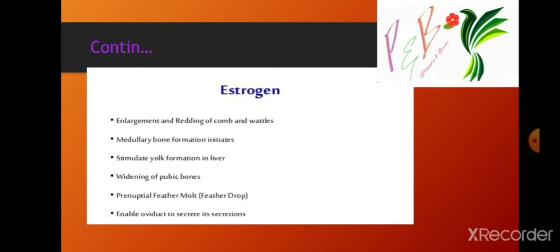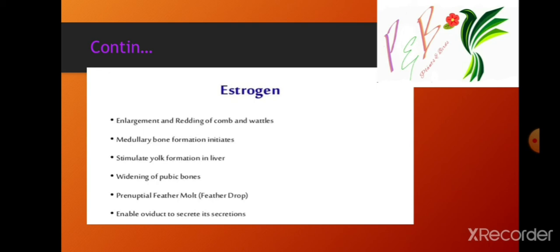Next, estrogen causes enlargement and reddening of the comb and wattles. We can identify this very easily by seeing the comb's color, because it turns reddish or dark pinkish. This is because of estrogen. Medullary bone formation initiates.